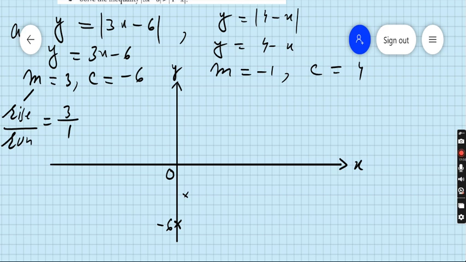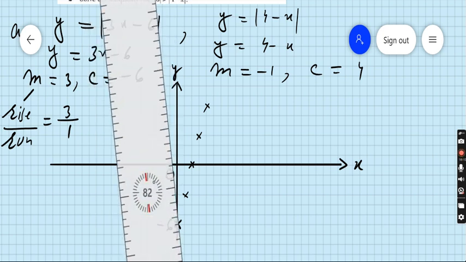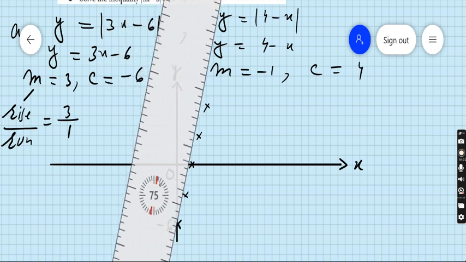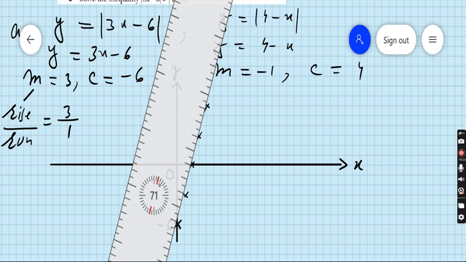Then 1, 2, 3, then the second. Then 1, 2, 3, and again. Join these points to get the straight line. This is our first straight line.